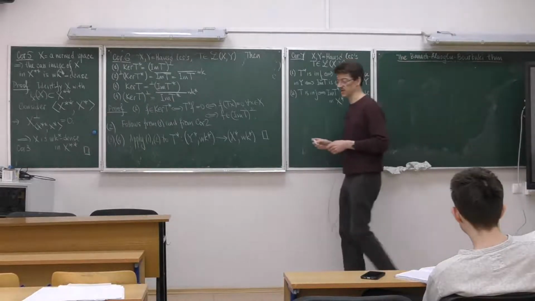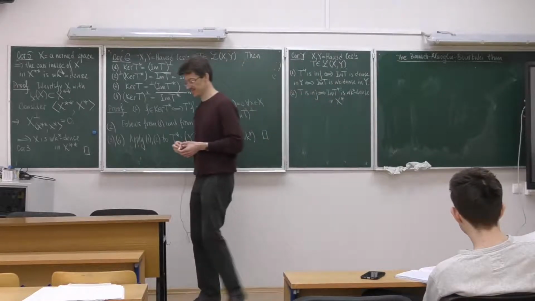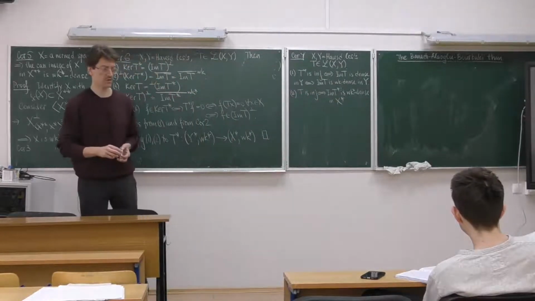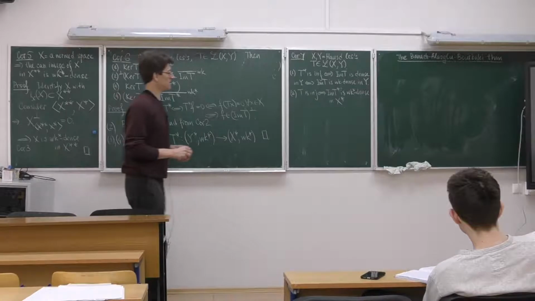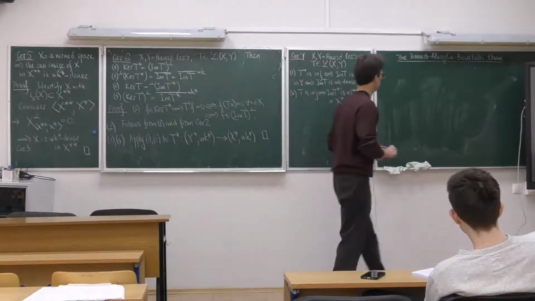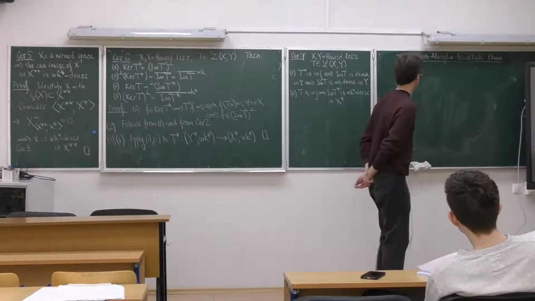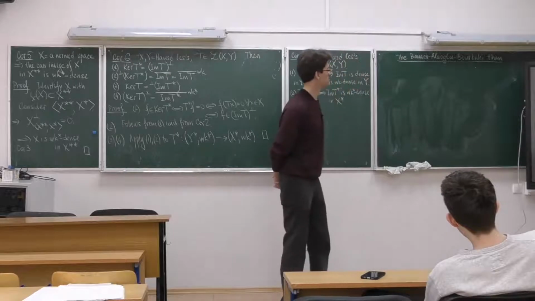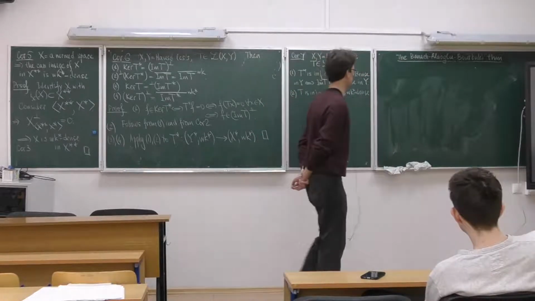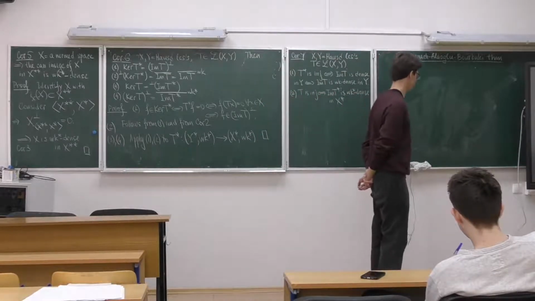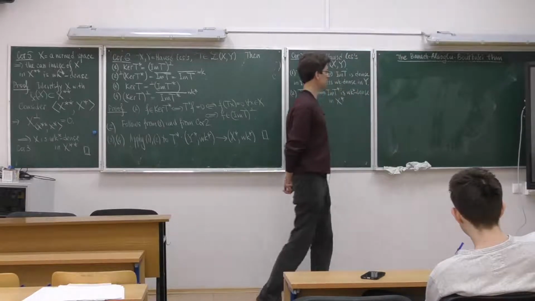Some people call it the Banach-Alaoglu theorem. Some people call it the Alaoglu-Bourbaki theorem. So maybe let's mention Banach, Alaoglu, and Bourbaki. This is more or less correct for historical reasons.